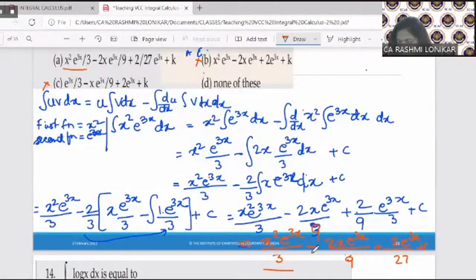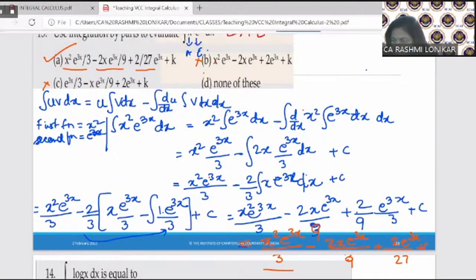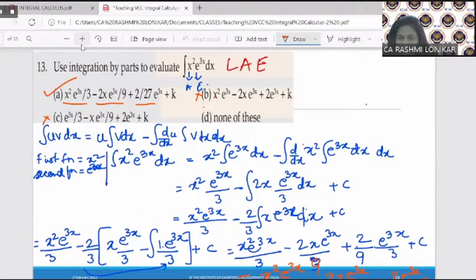Right. Now I have minus 2x e raised to 3x upon 9. Yes, very good. Then we have plus 2 e raised to 3x upon 27, that is 2 upon 27 e raised to 3x plus k. So A is the correct option for question number 13. Is that clear?